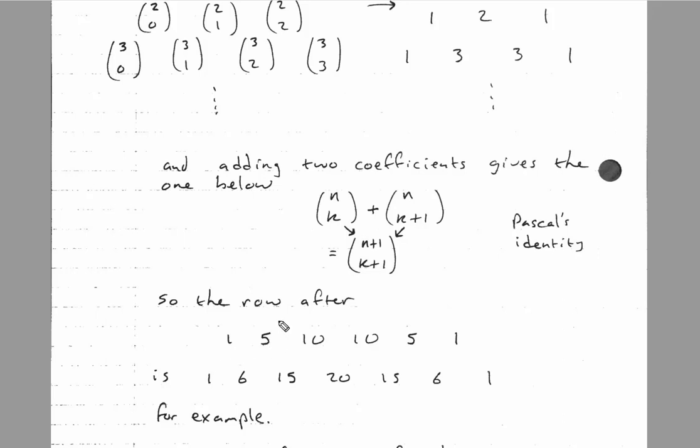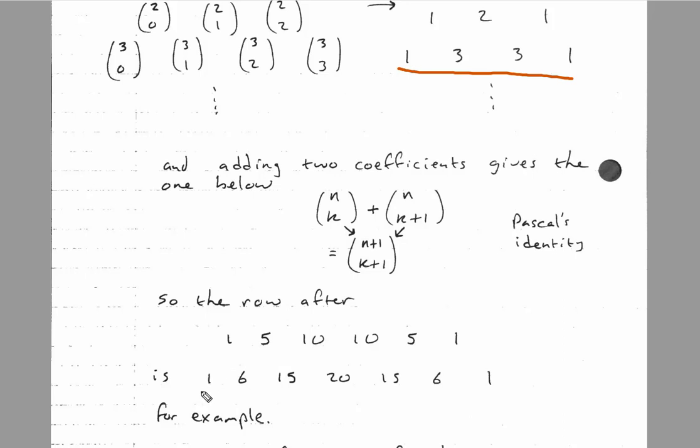Here's a row in Pascal's triangle, so 2 rows down from this one. If I give you a row of Pascal's triangle, then it's easy to get the next row.